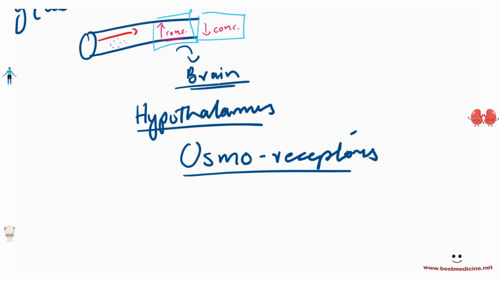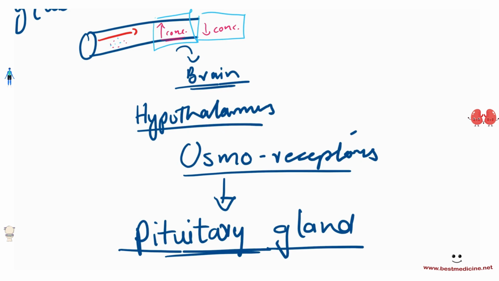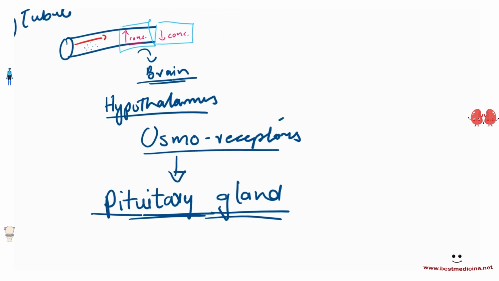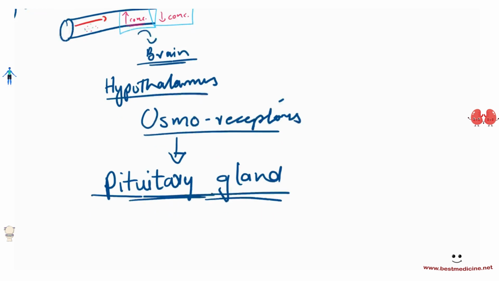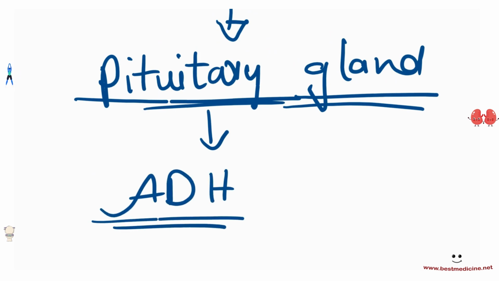If the blood concentration is too concentrated, then the osmoreceptors cause the pituitary gland, remember the pituitary gland, right, to release the hormone that is going to decrease diuresis, decrease water in the urine. And that is called the anti-diuretic hormone. So they're going to release ADH, anti-diuretic hormone, which is going to stop diuresis.